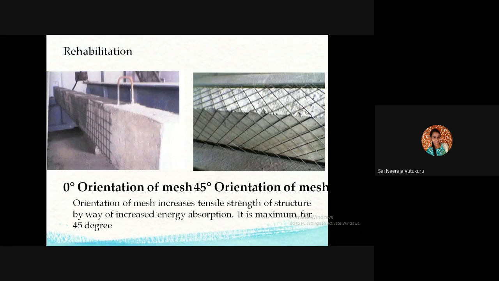In some cases, we take the beam and try to increase its strength by providing mesh also. Not only steel rods or steel panels, we can also provide mesh in order to increase the load bearing capacity of a column or a beam. The meshes can be arranged in a 0 degree orientation, and in some cases in a 45 degree orientation.